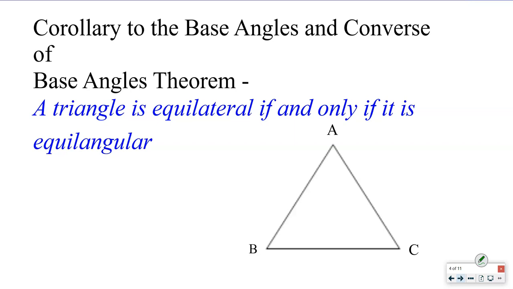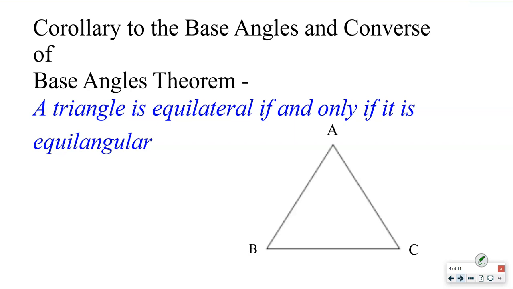Simply what corollary means is that there's some additional information that we can conclude easily. So the corollary to base angles and the corollary to converse of base angles theorem is this, that a triangle is equilateral if and only if it is equiangular, or we could flip those around: a triangle is equiangular if and only if it is equilateral.